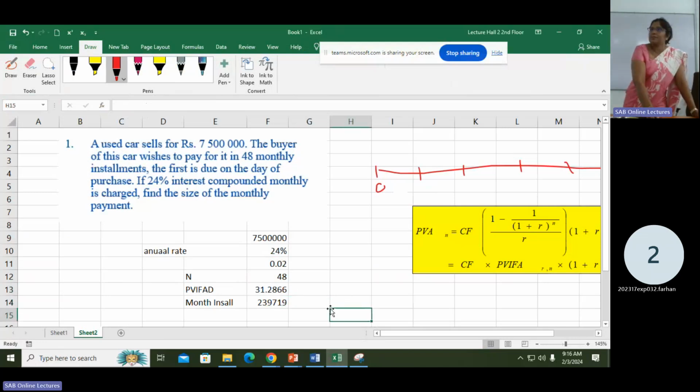Did you get this answer? So your monthly payment is 239,709 in order to settle this liability. So you have to pay 239,709 per month.